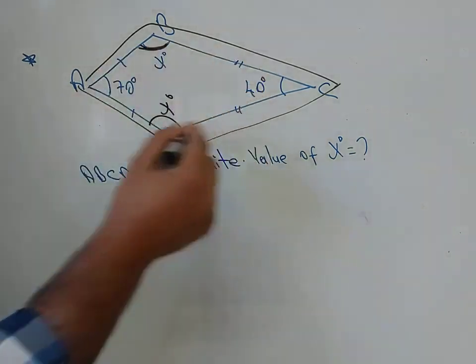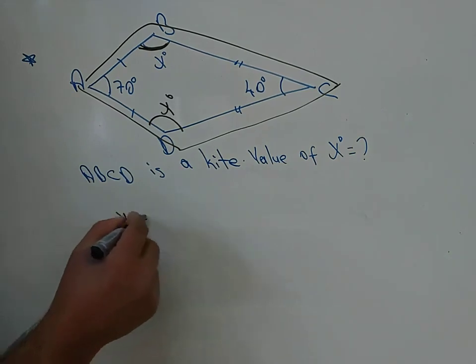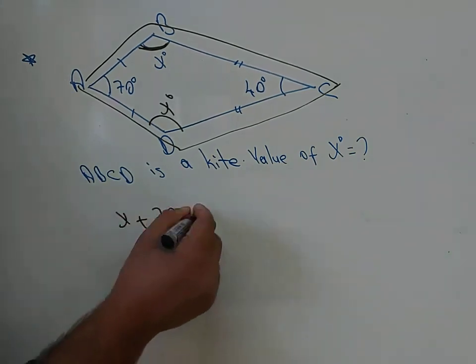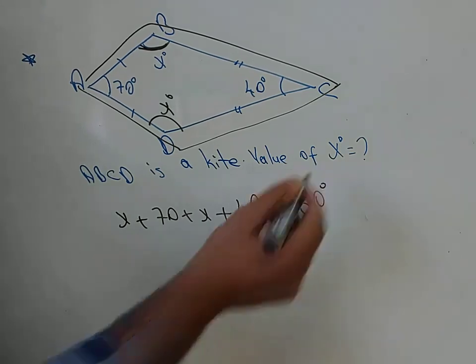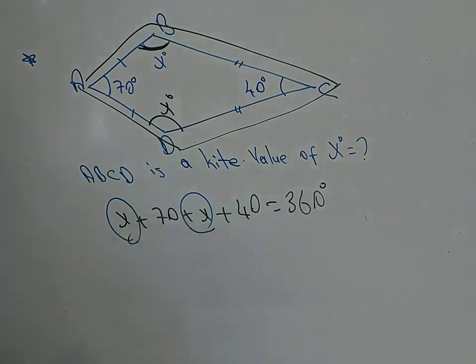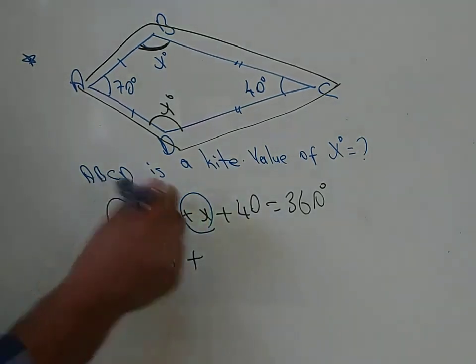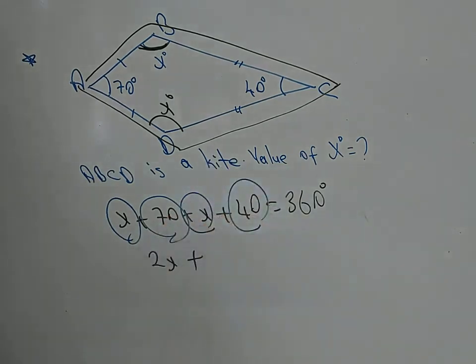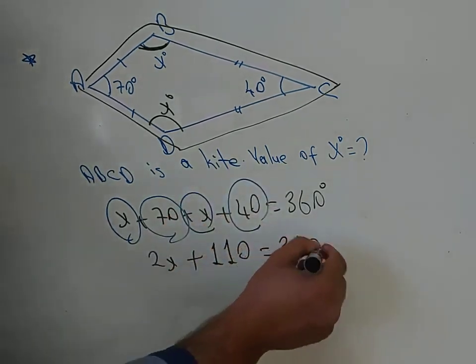So you add them up and then equalize to 360. It will give you x plus 70 plus x plus 40 equals 360. That gives 2x plus 70 plus 40, which is 110, equals 360.